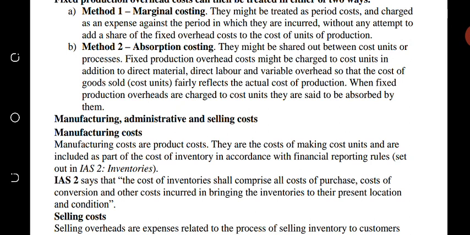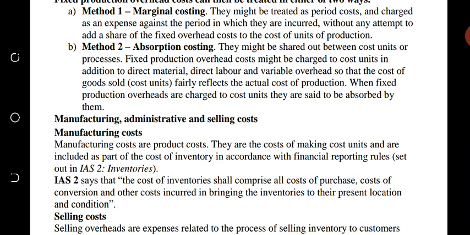Fixed production overhead costs might be charged to cost units in addition to direct material, direct labor, and variable overhead, so that the cost of goods sold fairly reflects the actual cost of production. When fixed production overhead are charged to cost units, they are said to be absorbed by them.